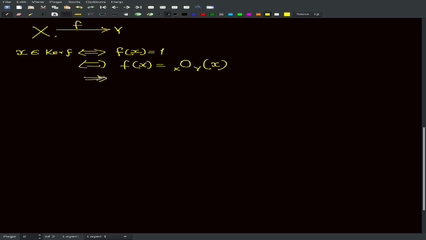So this is if and only if f of x is equal to this, right? So it turns out that there is some kind of relationship, but indeed it is much more. If we look into this kernel, the story is a little deeper, and that is this: the kernel of f is a normal subgroup.